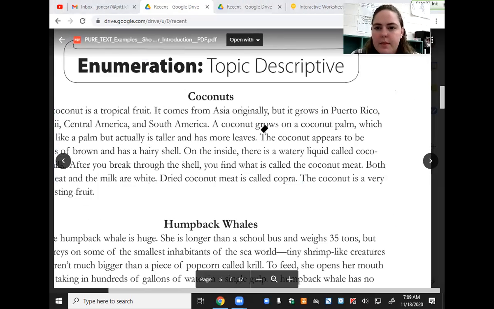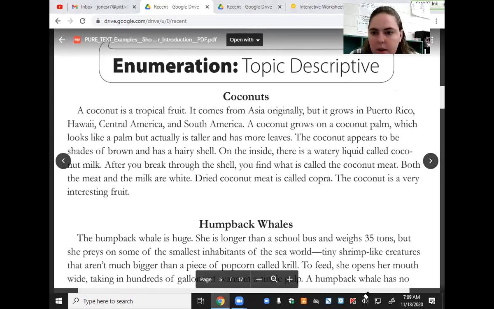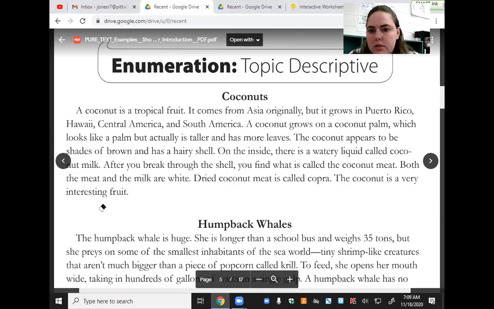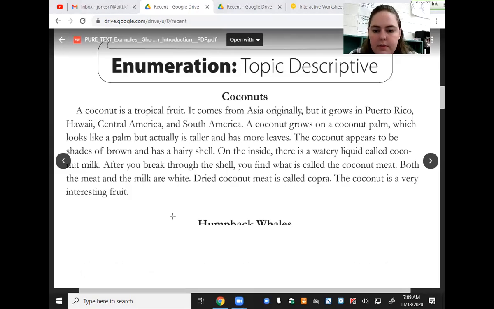All right. So our first one, hold on. Sorry, technical difficulties. There we go. So our first one is going to be coconuts. Okay. So we have coconuts.